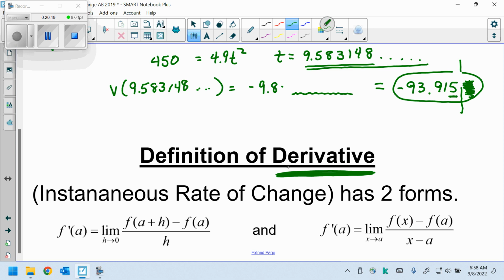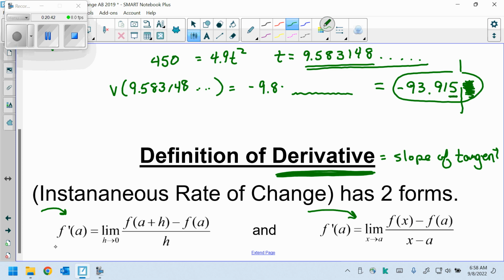Those are synonyms. And you can either find it like this, or you can find it like this. And we'll have other ways to find it. But this is the definition of derivative. And it's found by taking limits.